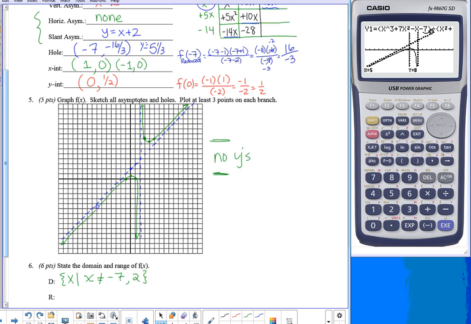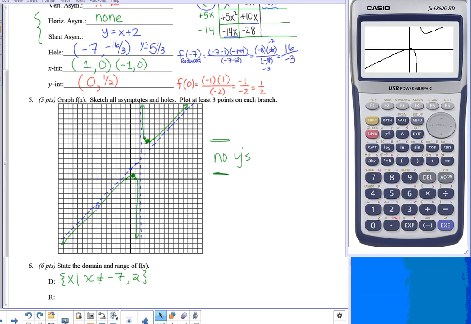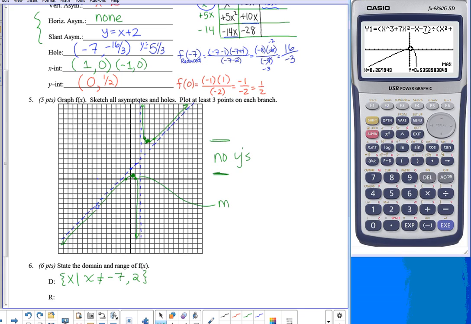No y's in there. So what I need to do is figure out what's the highest spot, or the maximum of this branch, and what's the lowest spot, or the minimum of that branch. To do that, I need to go on my calculator. I just deleted that other stuff to get it out of the way. So I go to GSolve, I hit max, and my calculator tells me that right here I have a max.